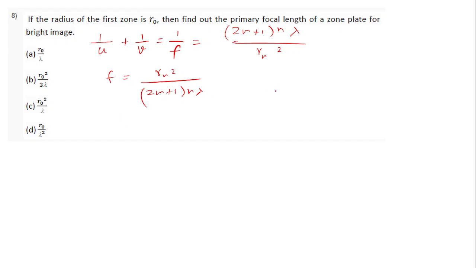Now we know, and we had also seen, that the radius is actually proportional to the order of the zone. That means we can write it using some constant K. We need to find the focal length of a zone plate, the primary focal length. That means for n equal to 1, the radius is given to be R0.